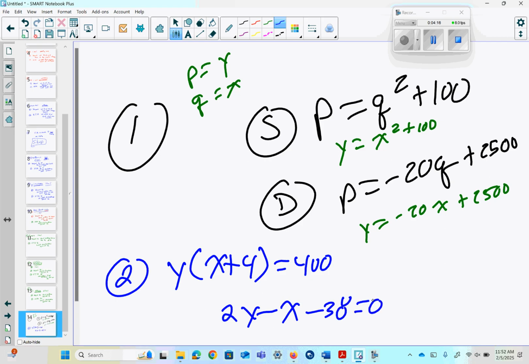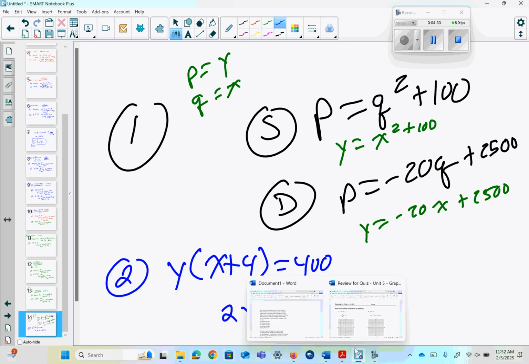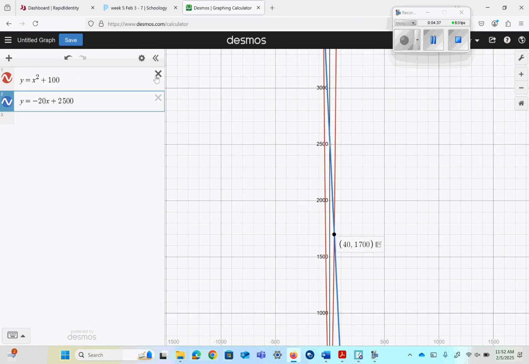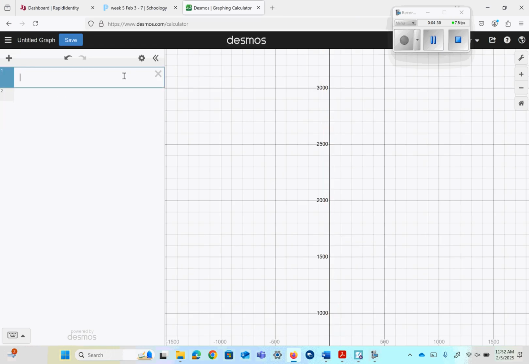Okay, and we can plug in. The nice thing is Desmos will allow me to plug it in like that. If we were using the graphing calculator, we would have to divide both sides by X plus 4 to graph the first one, and then move everything over and divide by 2 on the second one. But Desmos will handle many various ways of doing these, which is kind of nice. So let's get rid of this and this.